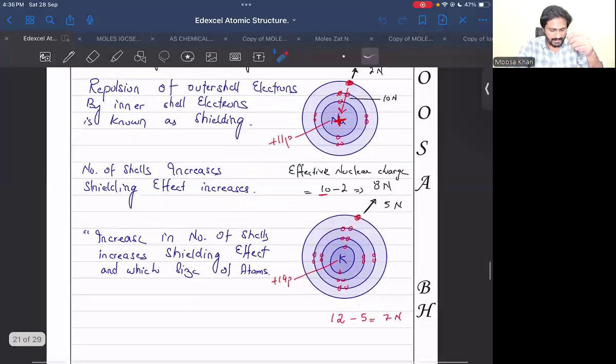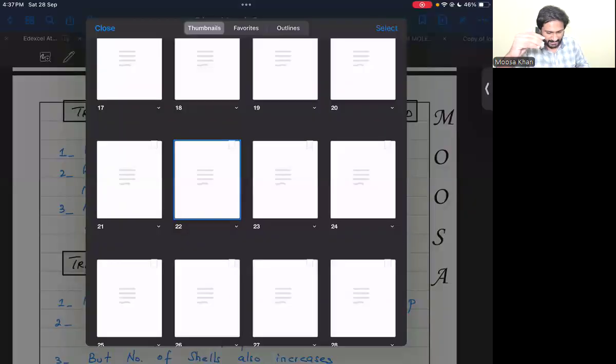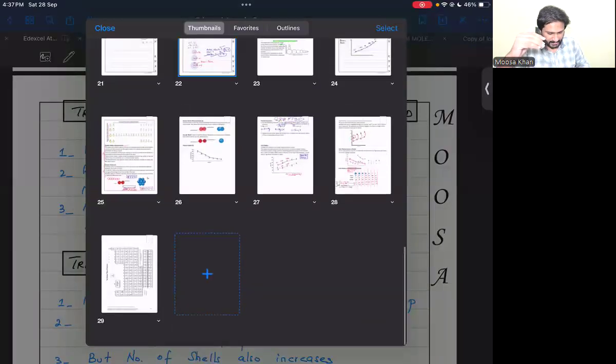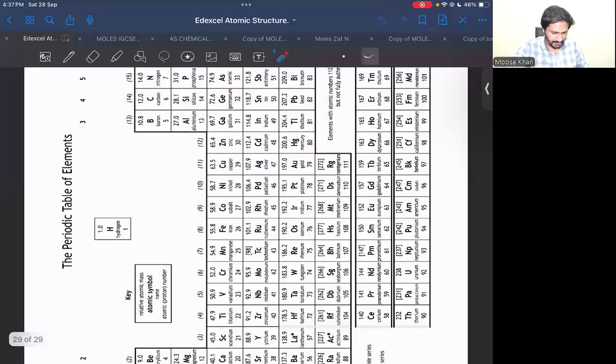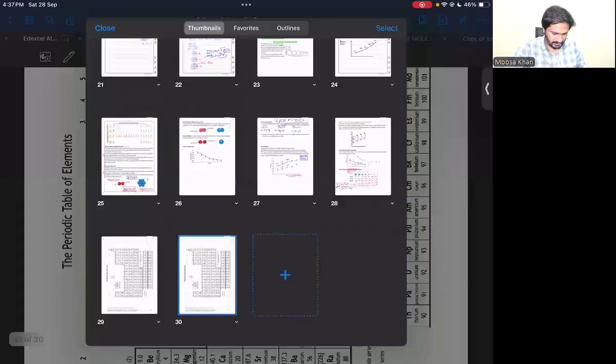So in the exam, they may ask you the trend of atomic radius across the period. You should know how the atomic size changes whenever we are discussing any particular period of the periodic table.